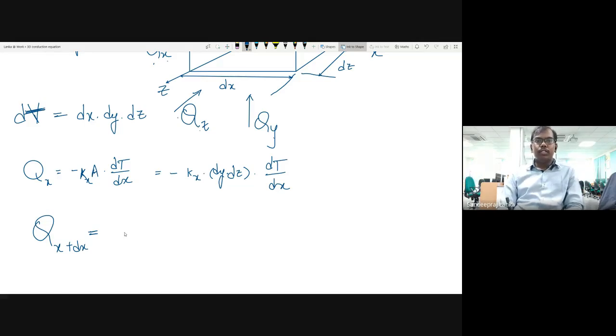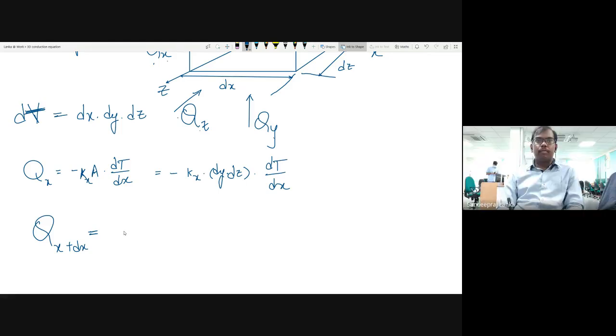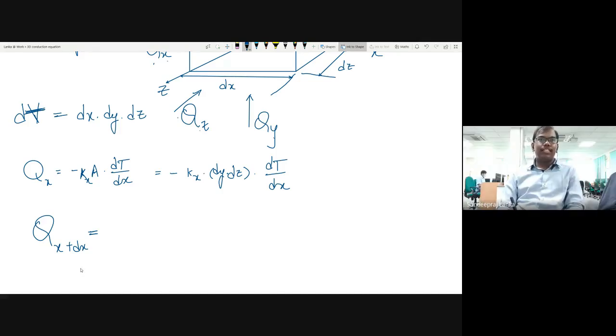How do you account for it? Qx plus d by dx of Qx. How did you get that? Well, it's small, so I integrated. Sorry, differentiated the whole thing.